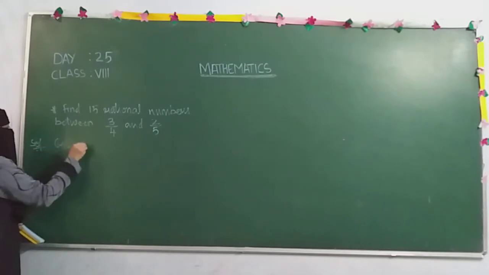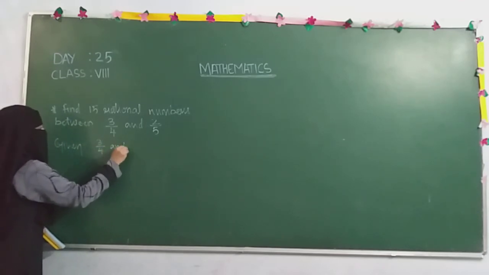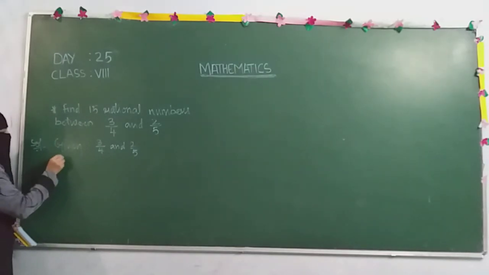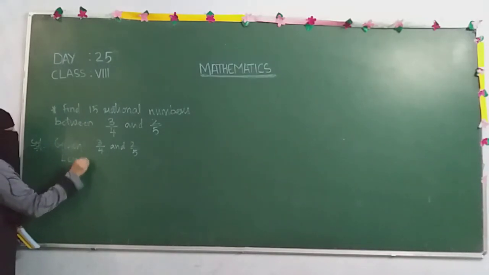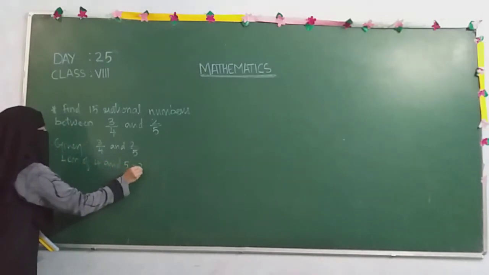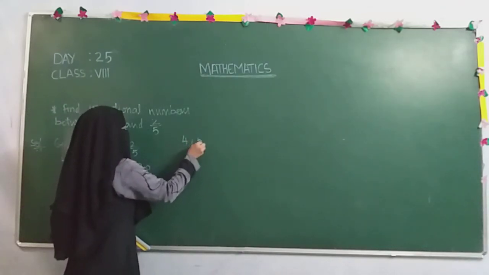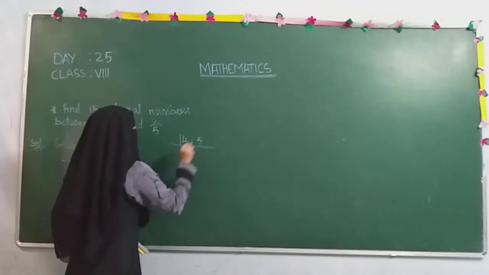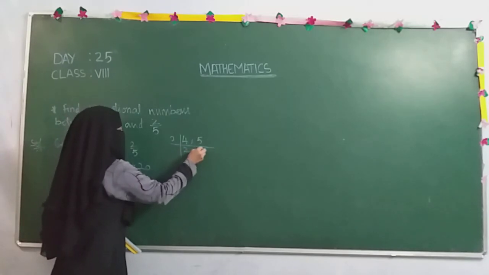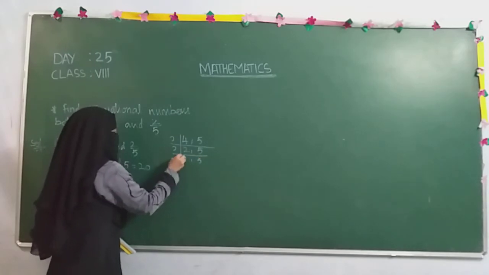Given the numbers 3/4 and 2/5. Now you need to find the LCM of 4 and 5. We know very well the LCM of 4 and 5 is 20, even though I will explain it in the rough column. 4, 5. 2 times of 2, 5 won't come, so it remains the same. 2 times of 1, again 5 the same.